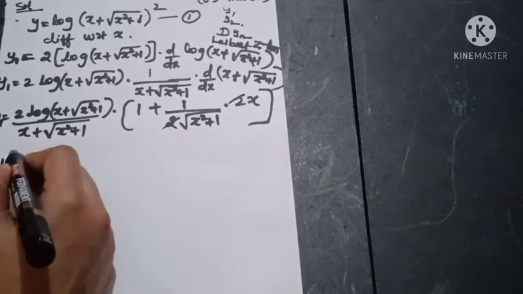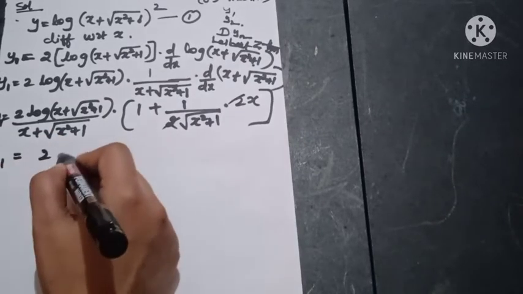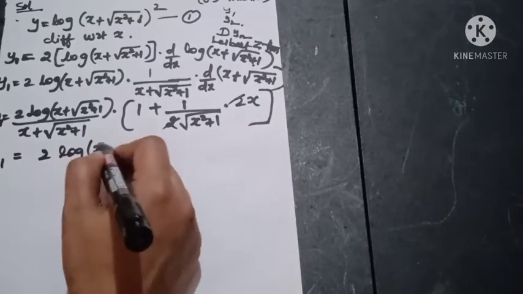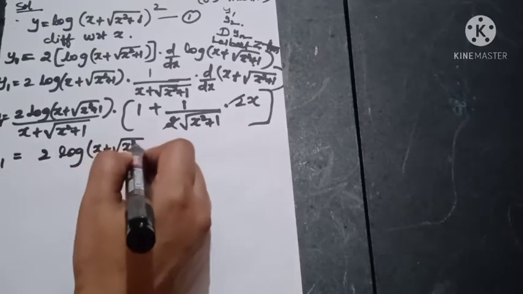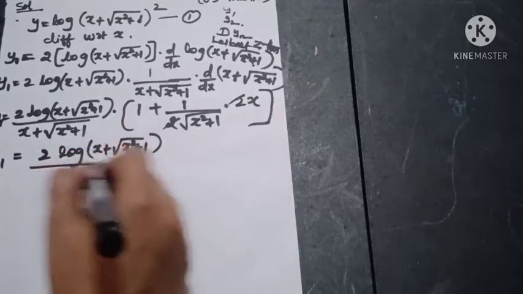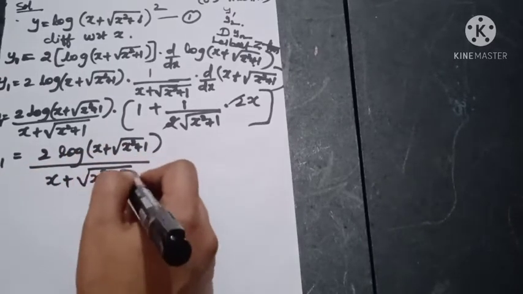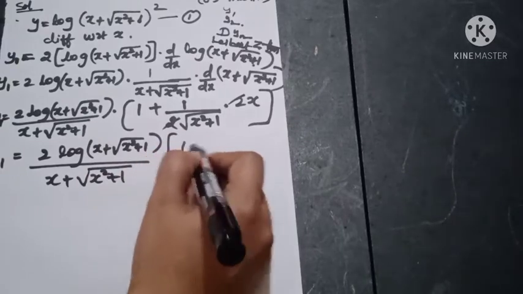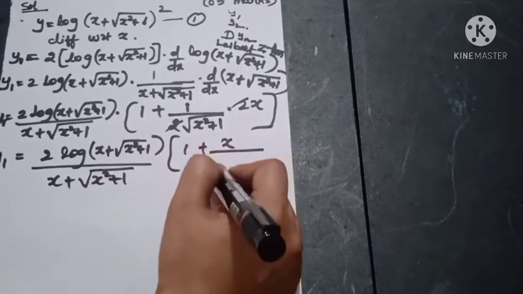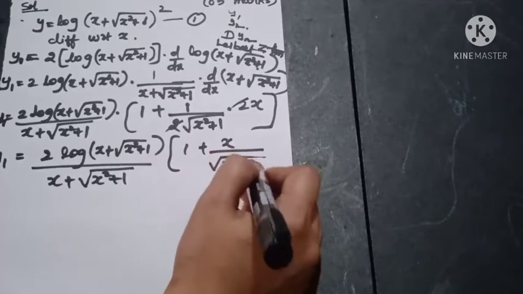So y1 is equal to 2 log x plus square root of x square plus 1 divided by x plus square root of x square plus 1 into 1 plus x by square root of x square plus 1.